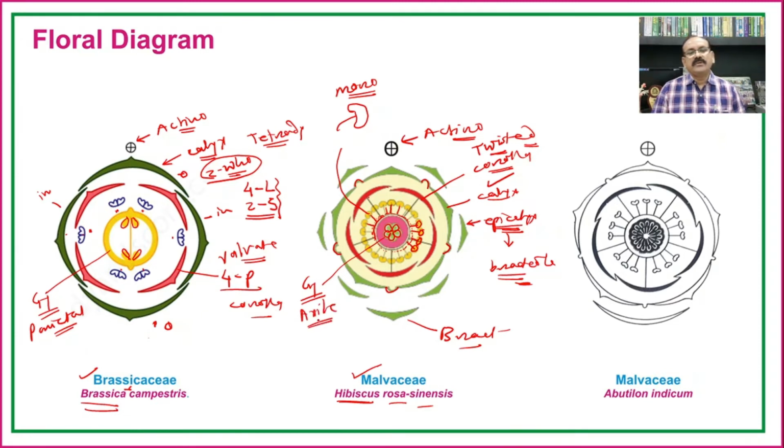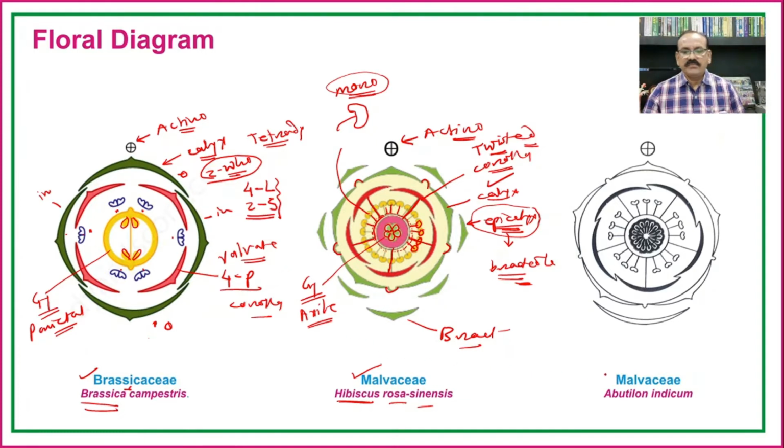So, here the unique characteristics of this floral diagram are the presence of the epicalyx, monothecous type of anthers, monadelphous condition, and this staminal tube is attached to the petals, and hence these stamens are known as epipetalous stamens.